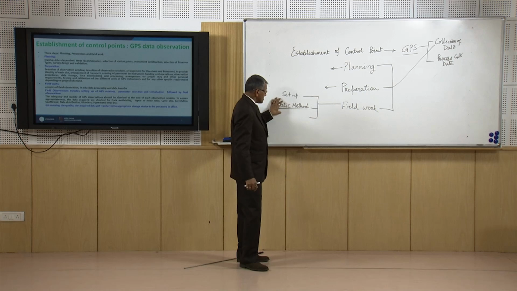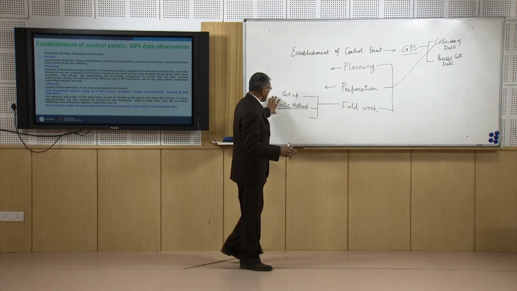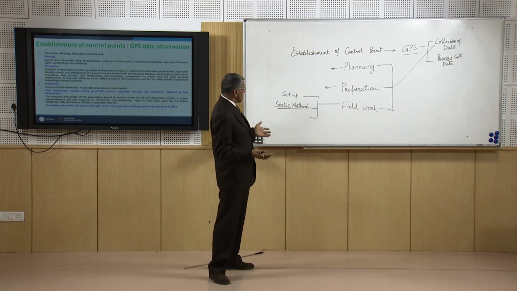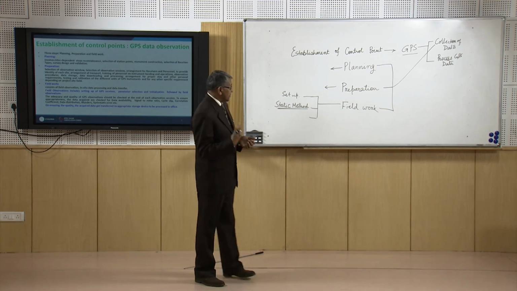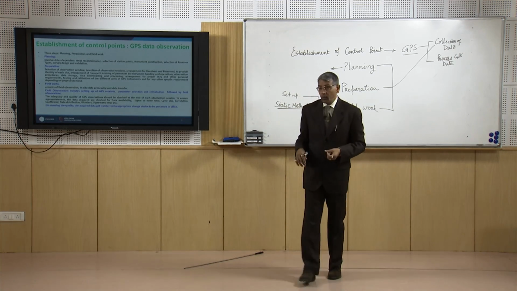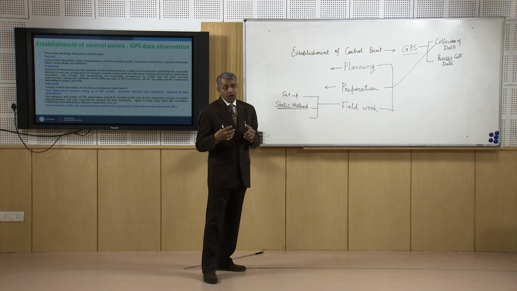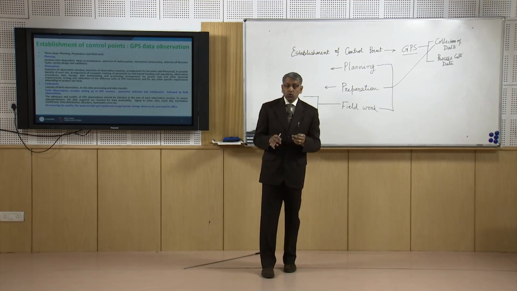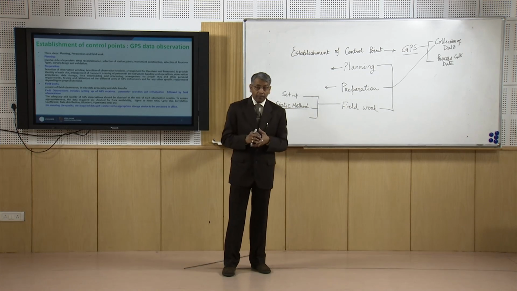Then we have to take the data for whichever duration we have decided. Once the data is taken, during the observation also we need to go for some preliminary processing in the field itself, to test whether the data we are taking is of proper quality or not, and also to see whether the amount of data is sufficient or not.